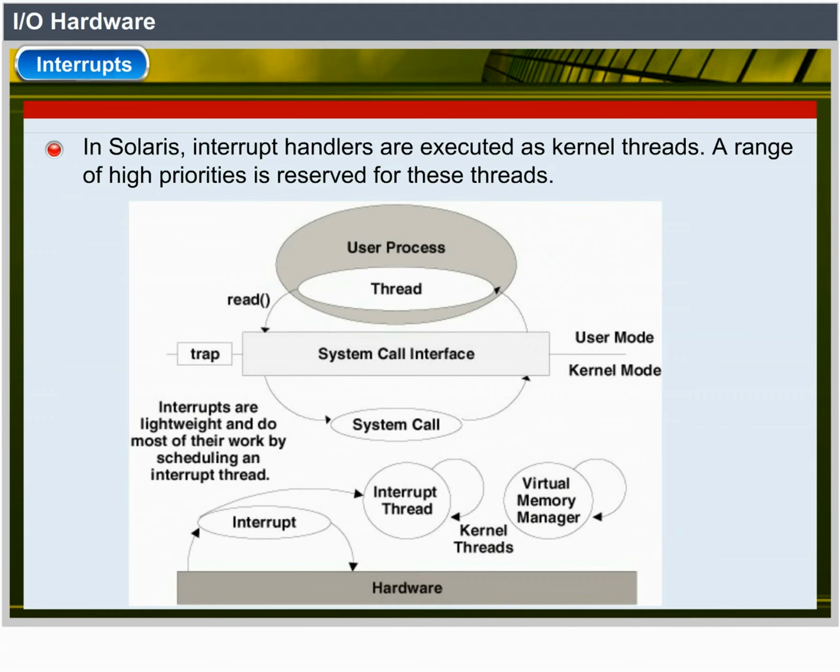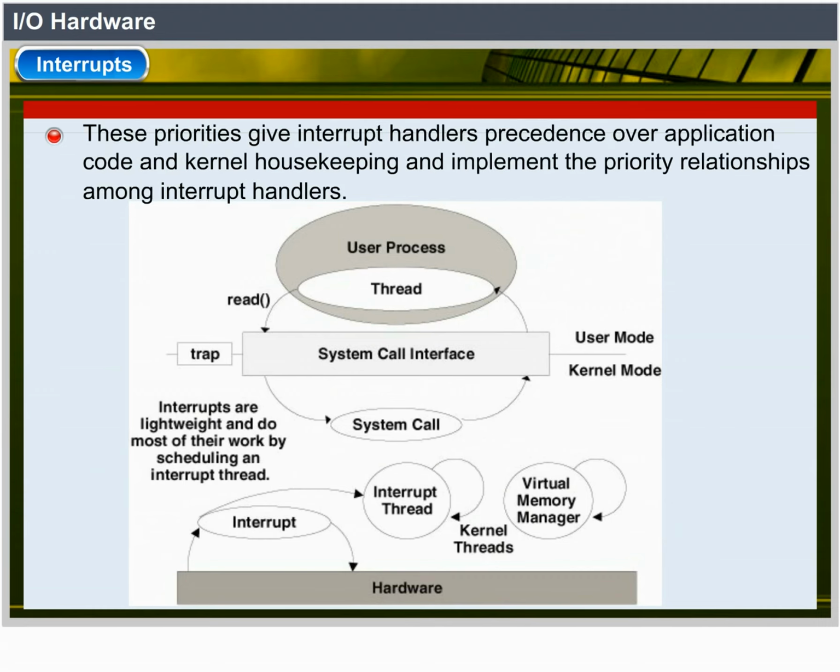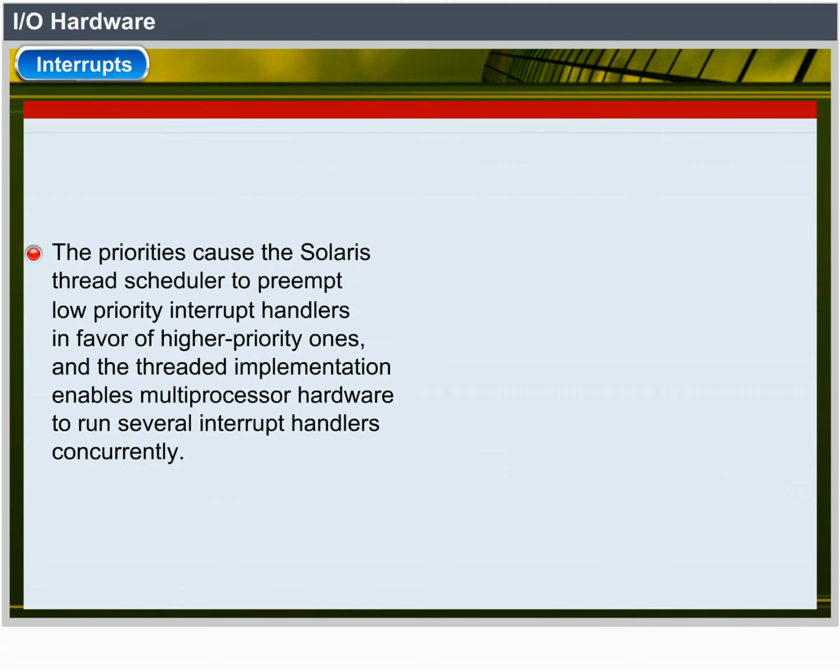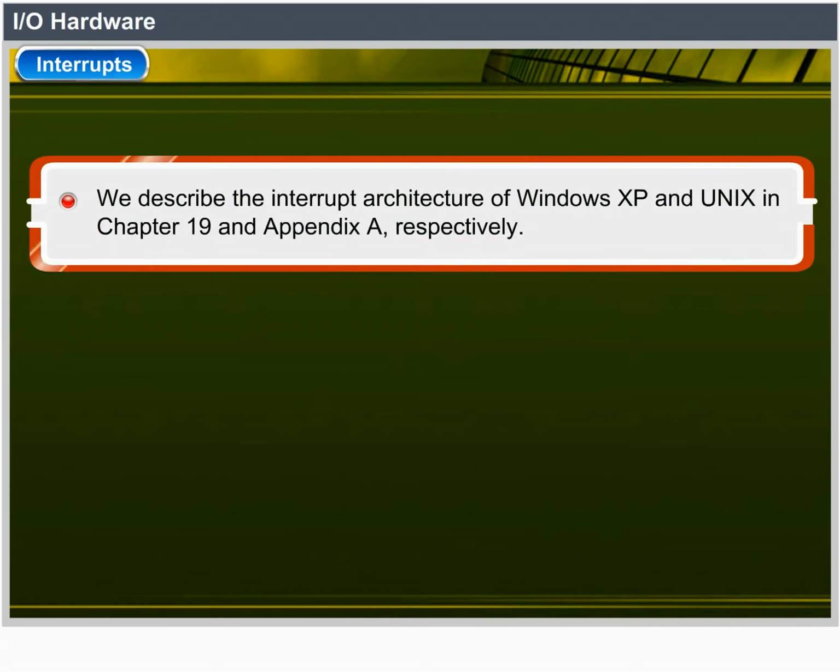These priorities give interrupt handlers precedence over application code and kernel housekeeping and implement the priority relationships among interrupt handlers. The priorities cause the Solaris Threads scheduler to preempt low priority interrupt handlers in favor of higher priority ones, and the threaded implementation enables multiprocessor hardware to run several interrupt handlers concurrently. We described the interrupt architecture of Windows XP and Unix in Chapter 19 and Appendix A, respectively.